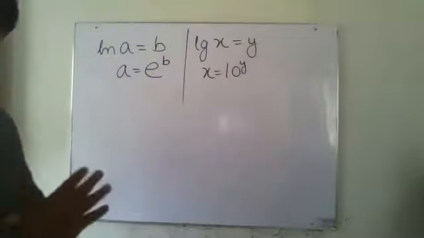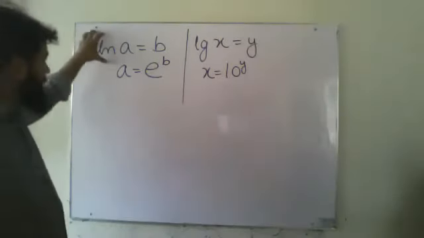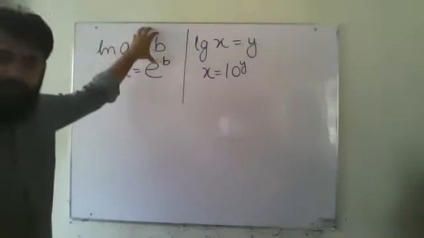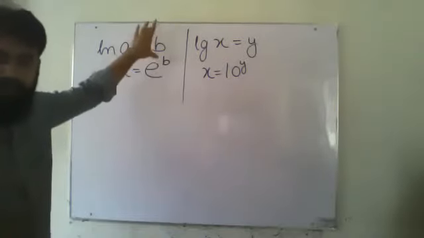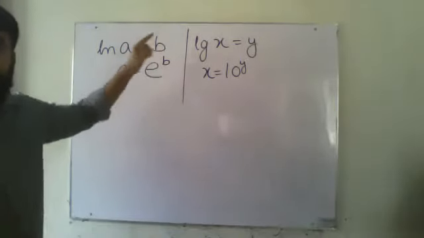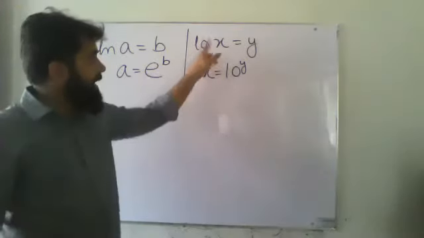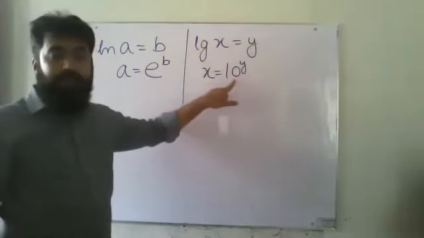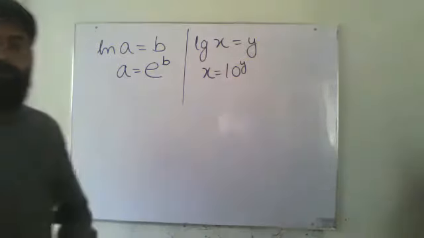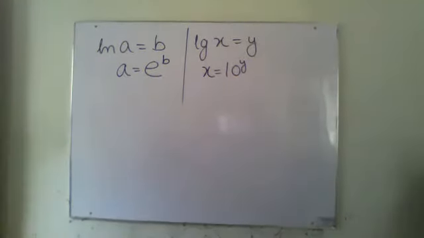These are the two things you have to remember. When ln is shifted from one side to the other, whatever is on the other side will become the power of the exponential. And if it is lg and lg is shifted to the other side, then it will become 10 to the power of whatever is written on the other side.